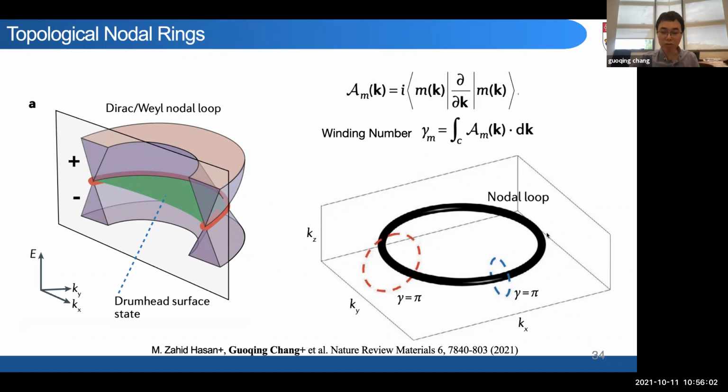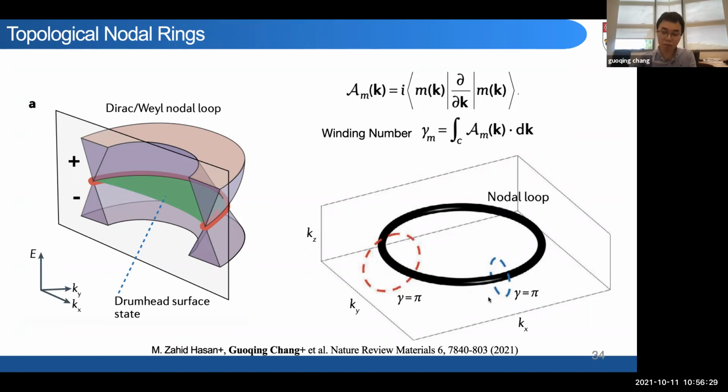This loop structure, although its topology is different from Weyl fermions, we can still define the topology in another way. We can define the winding number of a loop, which means you use any path that includes one part of the loop and circles around this nodal loop, and you can calculate the winding number. This winding number will always be a quantized value, pi or minus pi.